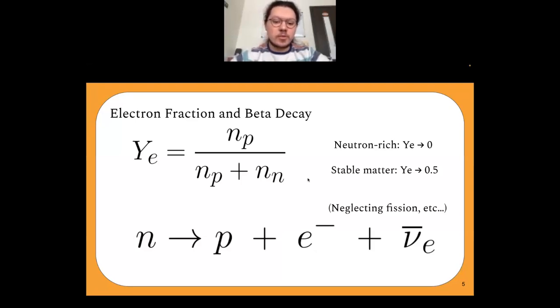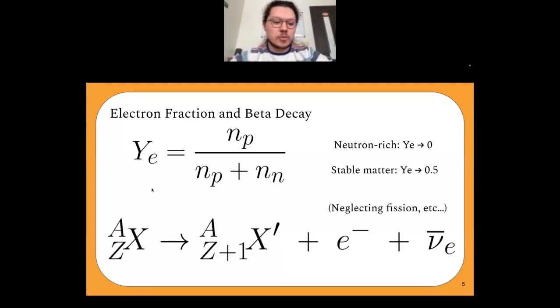And if we generalize that into the context of nucleosynthesis, we can imagine that this was some neutron on, for example, a nucleus of some element X, it would have some atomic number A and some proton number Z. And then one of these neutrons would turn into a proton such that the atomic number stays the same, but now we have Z plus 1 protons, meaning that we've created a new element X prime, and of course we have the electron and the antineutrino.